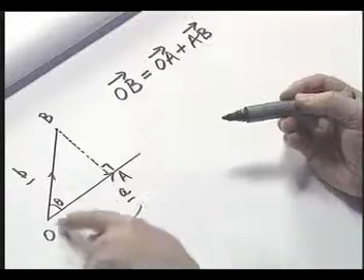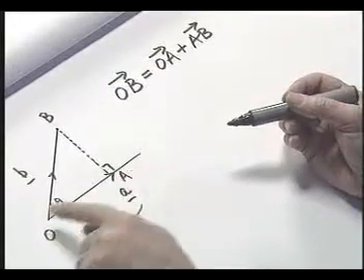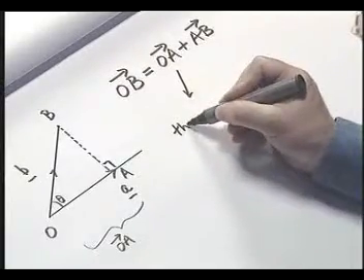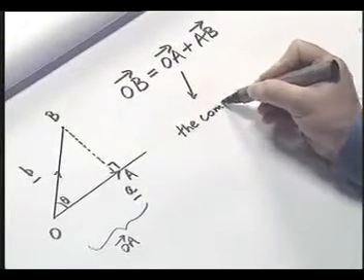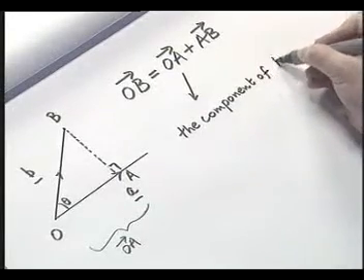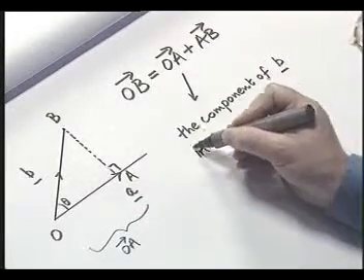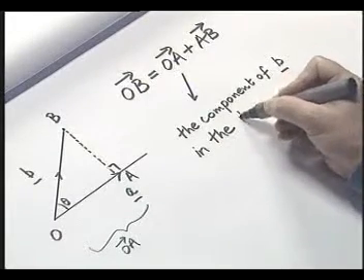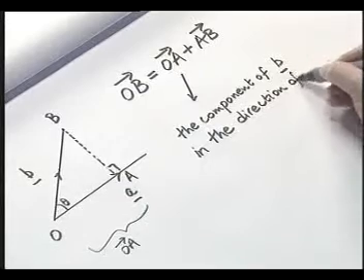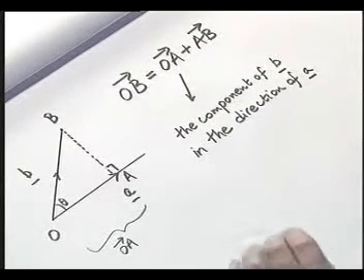So this component, OA, is the component of B in the direction of A. And what we're going to do is see how we can use the scalar product to find this component.